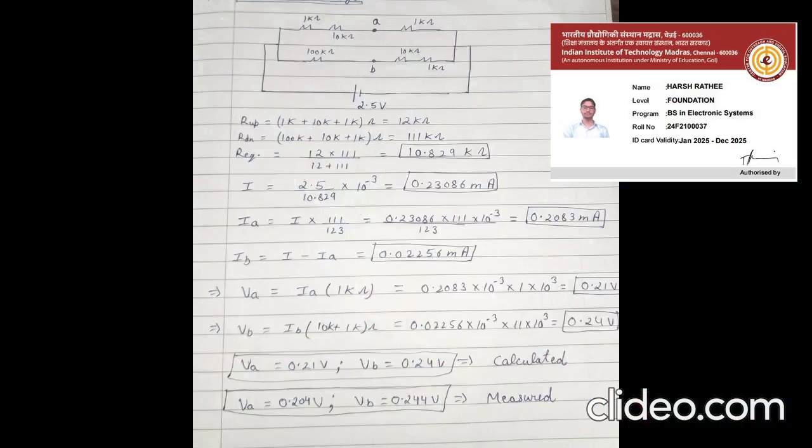Now we have calculated the VA and VB of the circuit as shown in the figure, and the calculated VA is 0.21 volt and VB is 0.24, and measured VA is 0.204 and VB is 0.244. Hence these are nearly the same, hence proved.